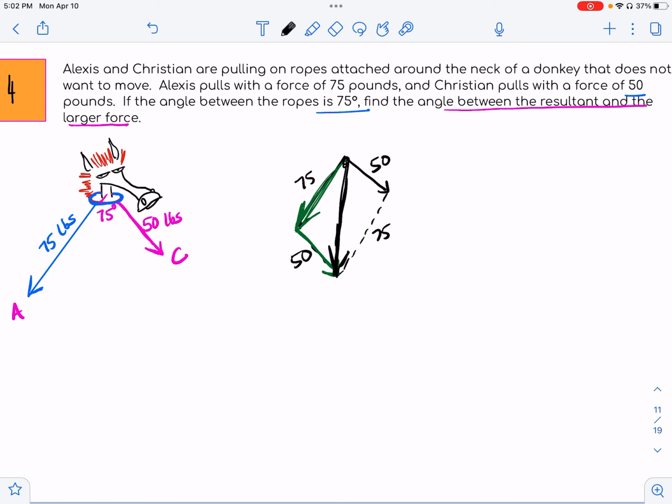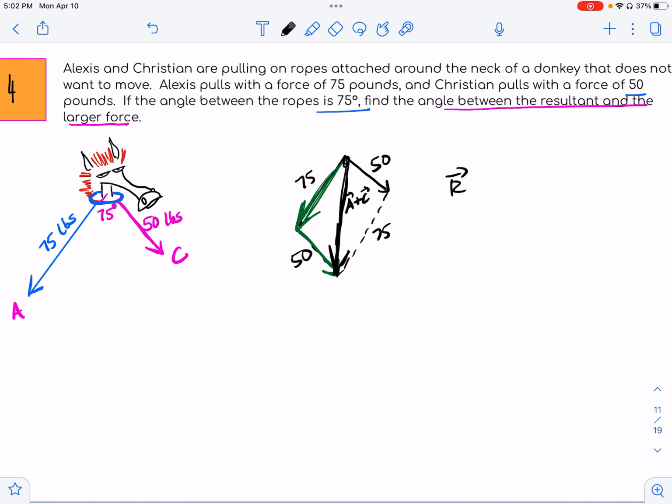This black vector represents the sum of Alexis plus Christian's, and we can call it vector R as resultant vector. This will justify the addition because each vector has its tail and head, and the next vector has to have its tail and head. It can only be tail to head, and tail to head. It cannot be tail to tail, or head to head.